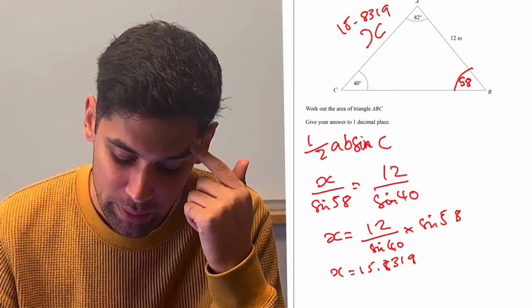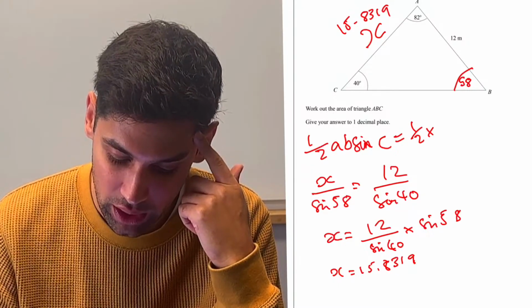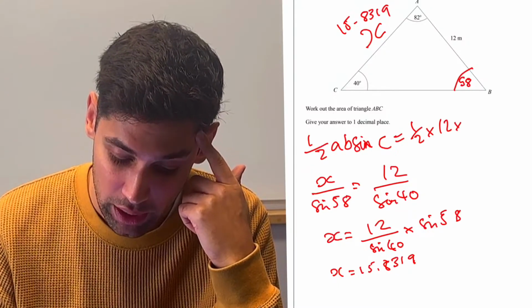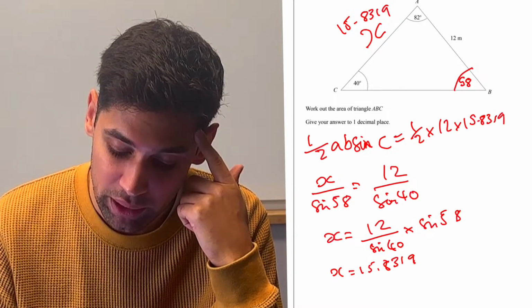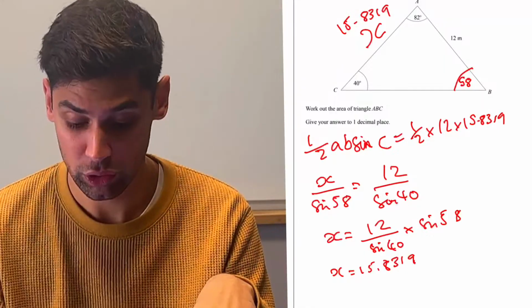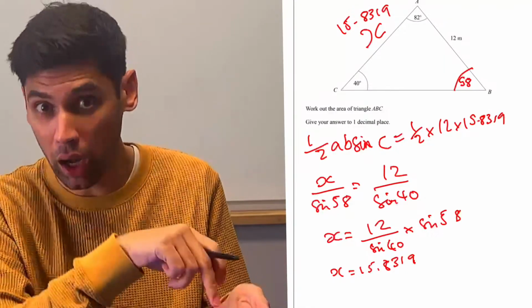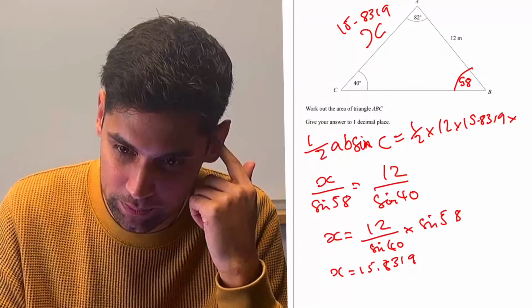So now we can do the half AB sine C. So we'll go back up to here. Half times 12 times 15.8319. But if you still have that value in your answer, you just press the answer button on your calculator. So I will type in half times 12 times answer times sine 82.